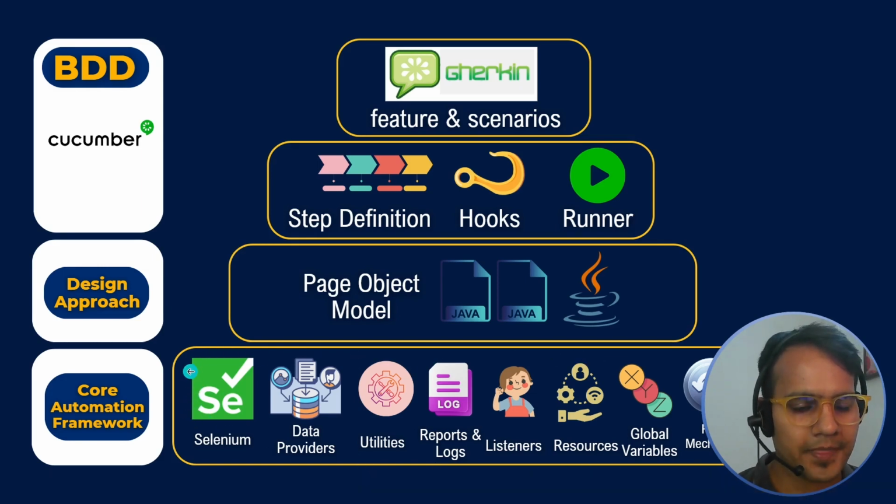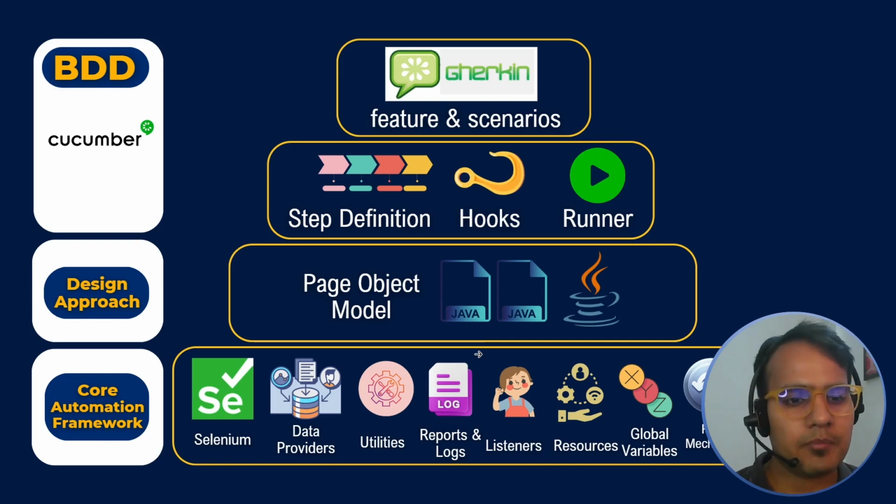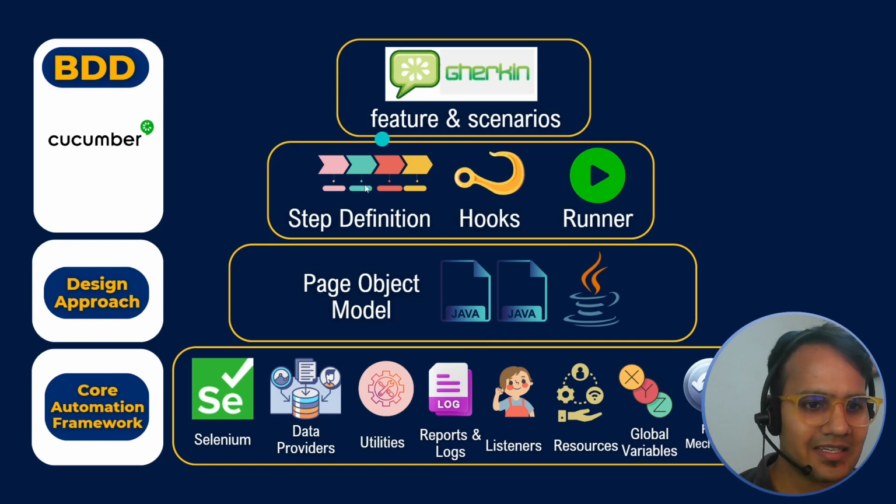Let's suppose we are going to start with irctc.com, of course, but in case we want to use a different website to run our automation tests, then these three layers will change.